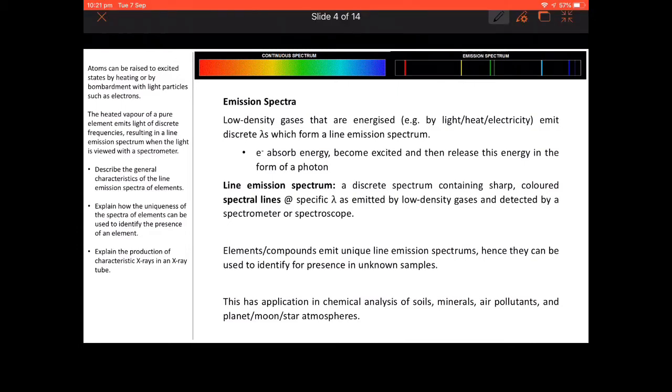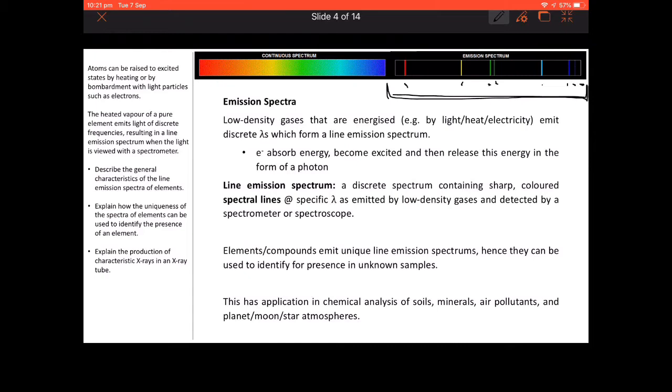A line emission spectrum is a discrete spectrum containing sharp coloured spectral lines. So each of these lines here is a spectral line, and they correspond with a specific wavelength emitted by a low density gas that has been excited and is releasing these photons of energy.